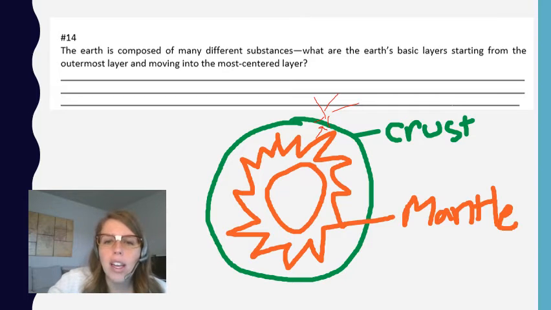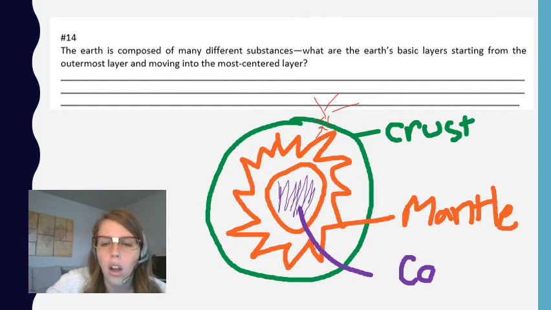So what is in the very center of the earth? Well, let's draw it. So what is this purple middle part? What do we call that? Do you know? Let's make a thicker marker here. Well, the very center of the earth is called the core, just like the core of an apple.